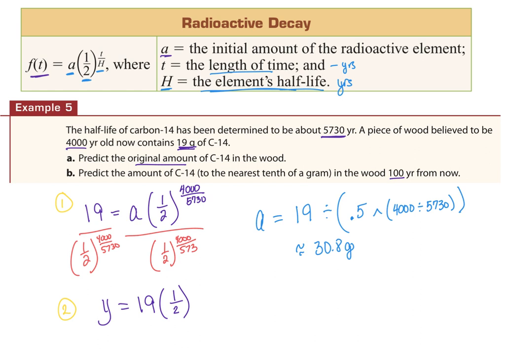And then 100 years from now, we will just do 100 in the time, and we will keep the half-life as 5,730. And in your calculators, you would say 19 times 0.5, and then you do need to force that division in your exponent. And when you do that, you will get that in 100 years, it'll be approximately 18.8 grams.